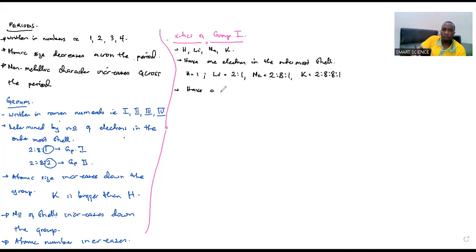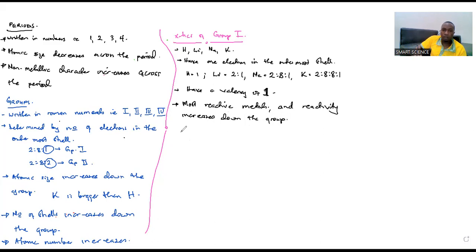They have a valence of 1. Valence is the combining power. So sodium, potassium, lithium, hydrogen have a valence of 1. They are the most reactive metals, and reactivity increases down the group.